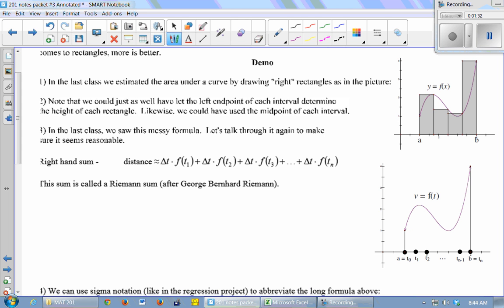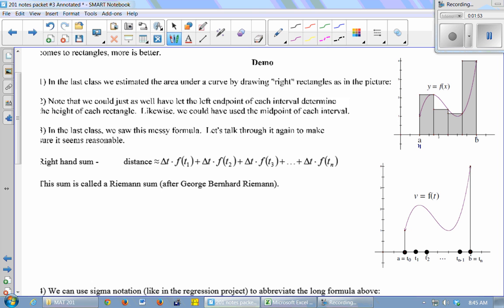Each rectangle has a width of delta t. So you've got delta t, delta t, delta t, delta t. Each of those rectangles has the same width, delta t. And then the height of those rectangles is the height of the function at the right endpoint of the interval.